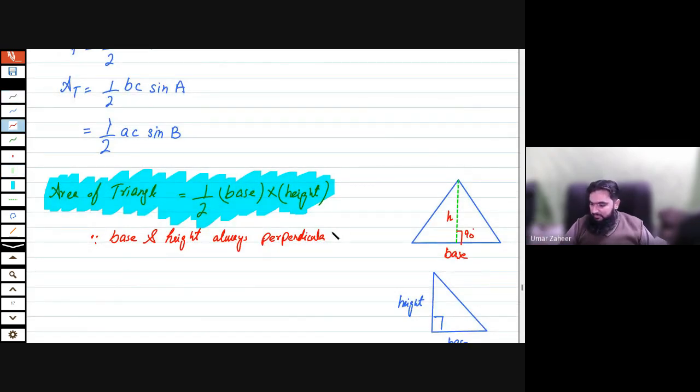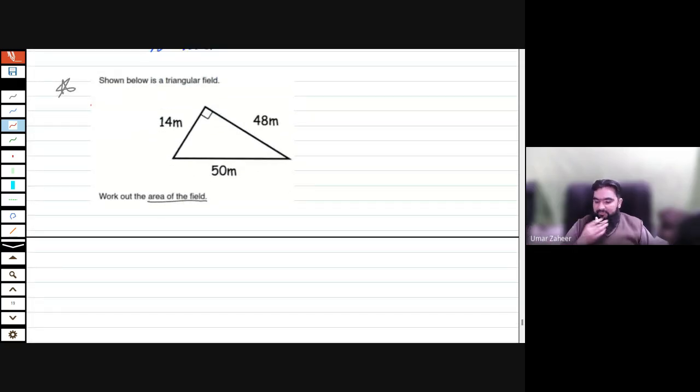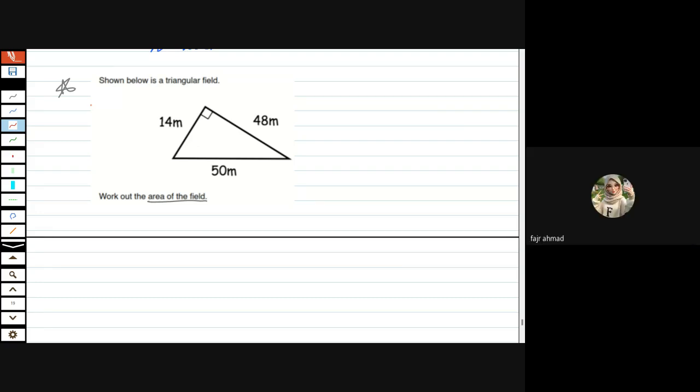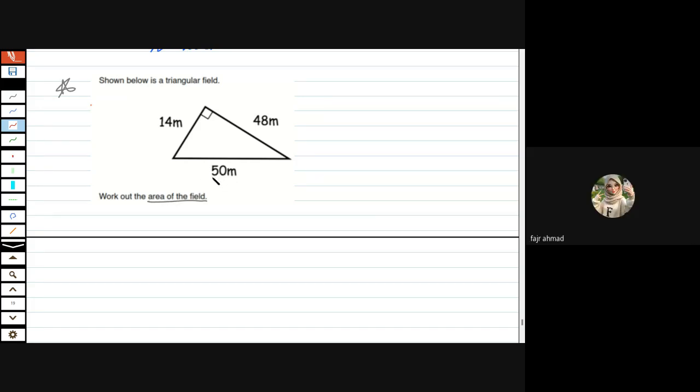Perpendicular means making a 90-degree angle, right? So look at this picture. Is 50 meters making a 90-degree angle with any other side? Yes, sir, with 48.